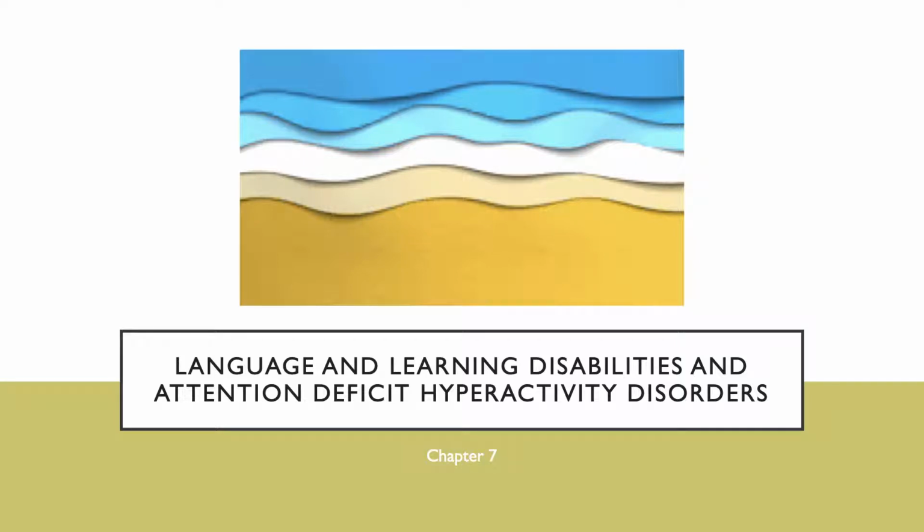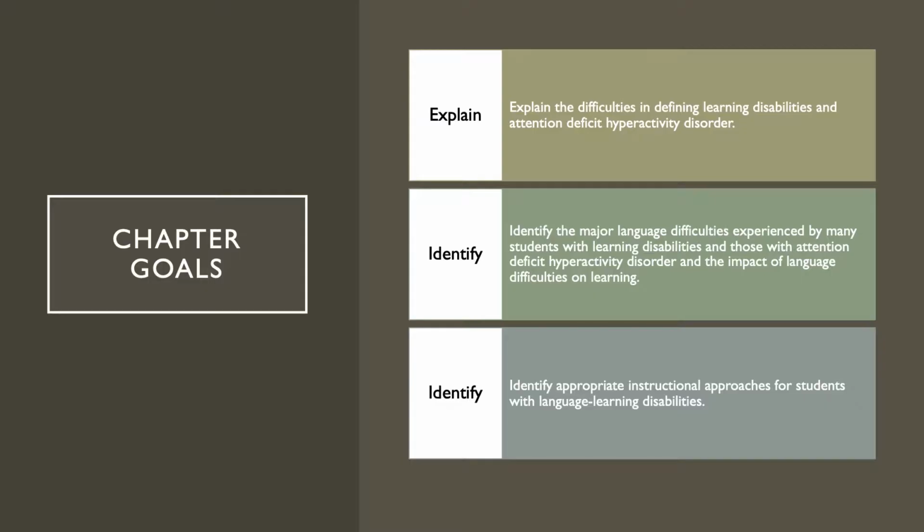All right, we're going to jump into Chapter 7. And Chapter 7 is just going to be talking about language and learning disabilities associated with ADHD, Attention Deficit Hyperactivity Disorder.